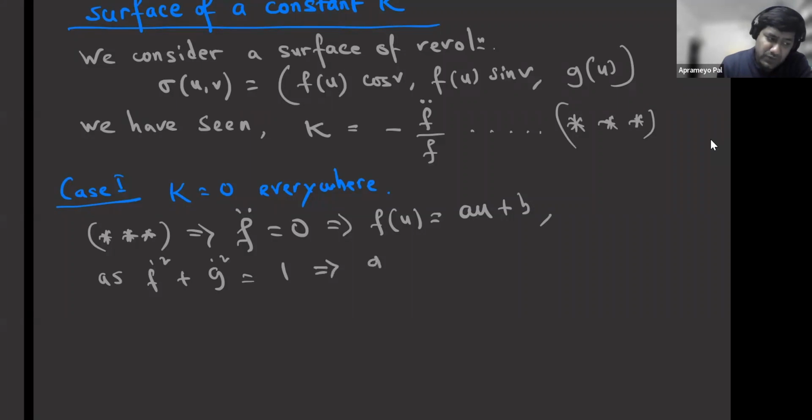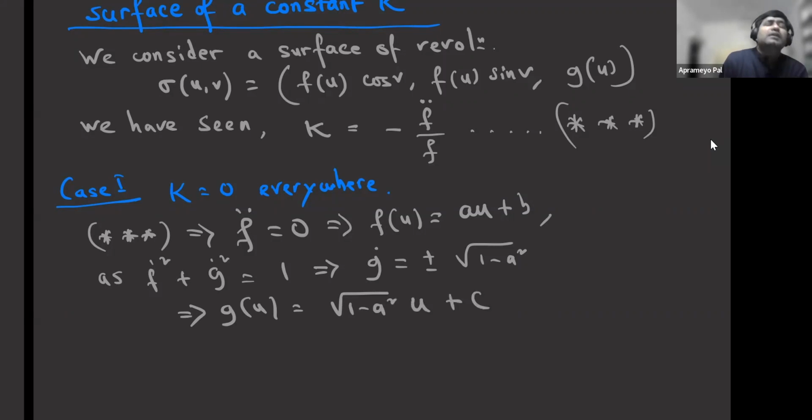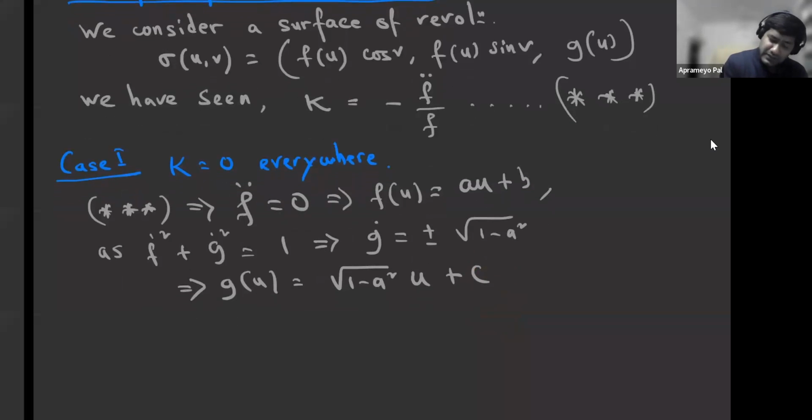So this gives g dot is plus or minus root of 1 minus a squared. If you take the sign properly, then g(u) is root of 1 minus a squared times u plus c. With a clever translation along the z-axis, you can take c to be 0, and consider only the plus sign.